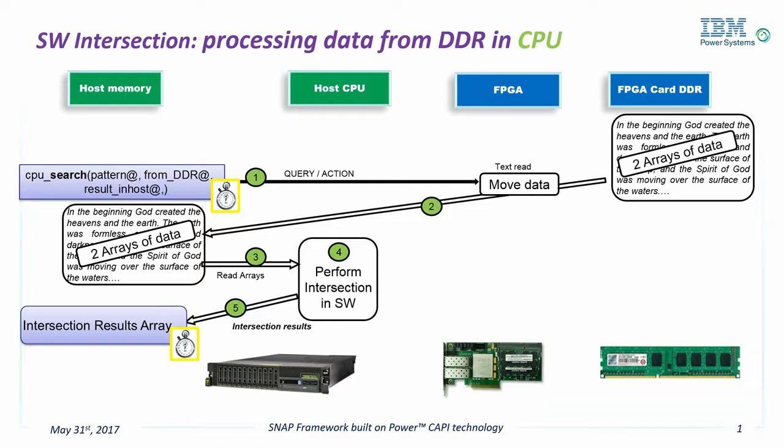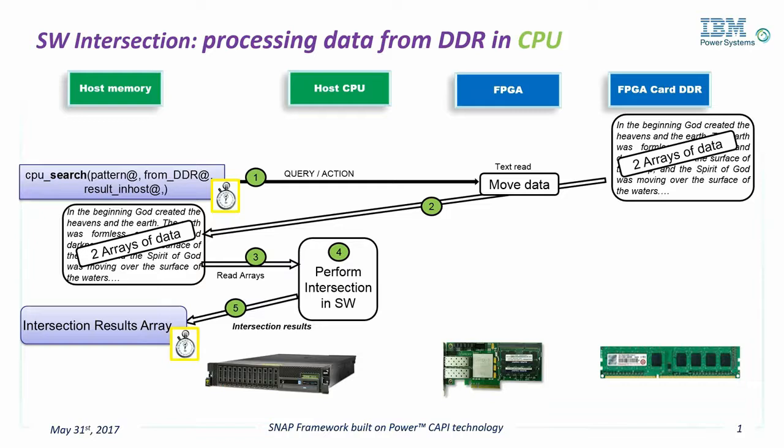This slide shows the steps in the processor software method of an array intersection operation. We place the array data in the I/O card for this benchmark. For comparison, the time to access the array data from the on-card memory is the same for both cases, software and FPGA.